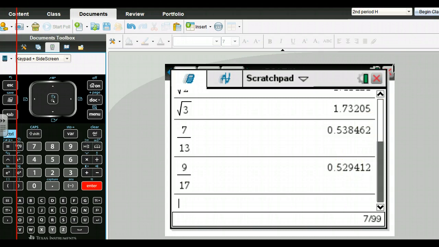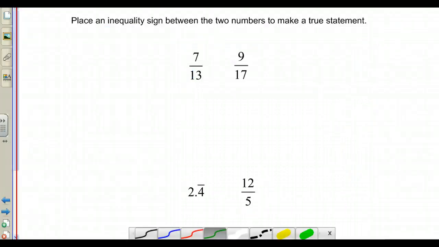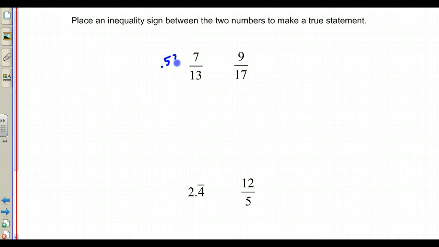So, looking back at that, 0.53 and 0.52, and I could go more digits, but really, that's just approximately equal to that. I know they're not exactly equal.